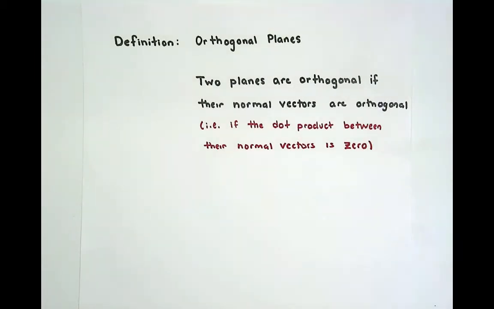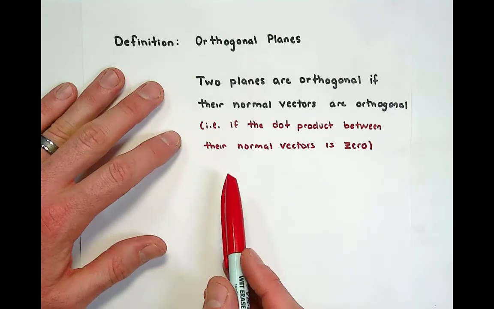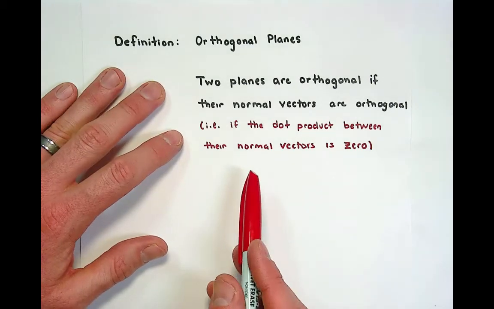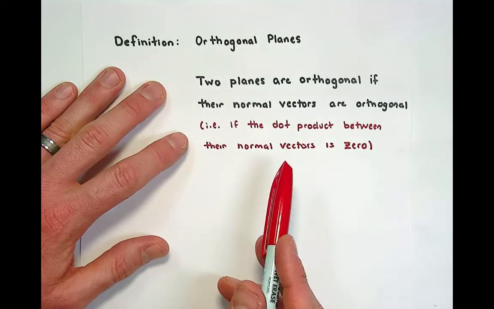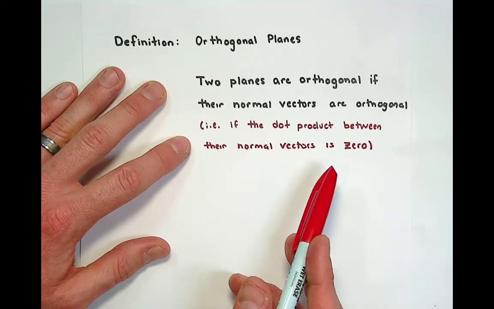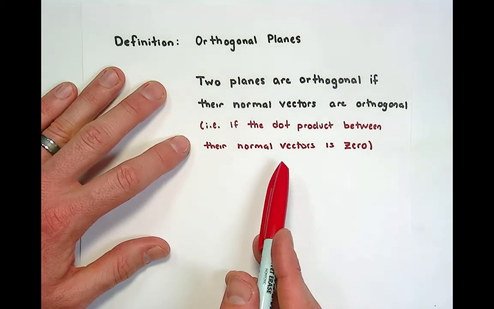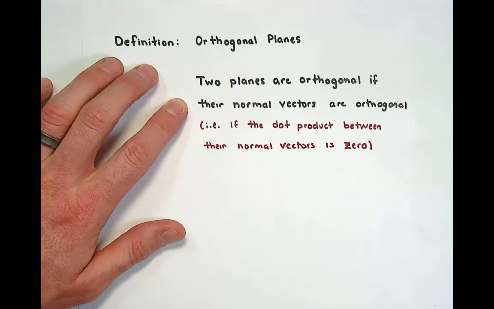Orthogonal planes are planes where the normal vectors are orthogonal, which means if you look at two different planes with different normal vectors, and you take the dot product between those normal vectors, if you get 0 out, we would say that the normal vectors are orthogonal, and thus we classify the planes as orthogonal.